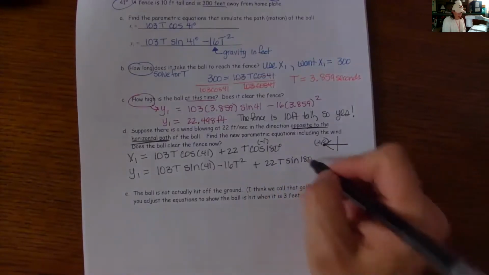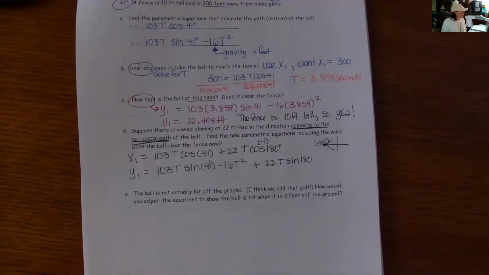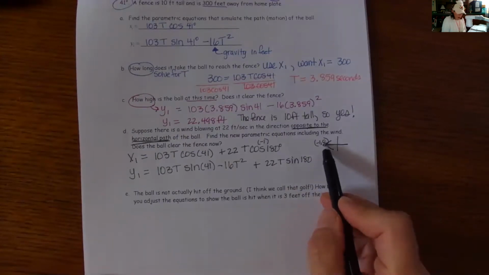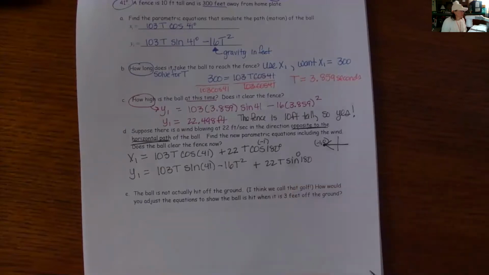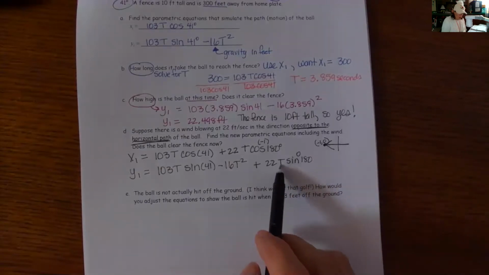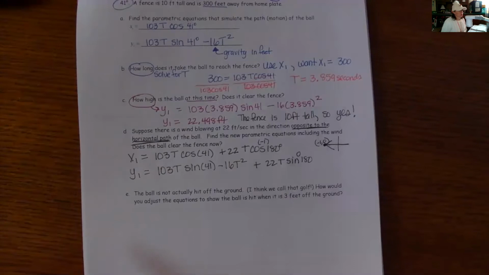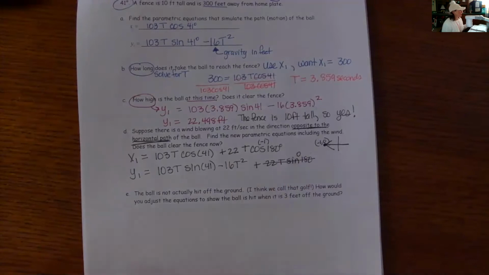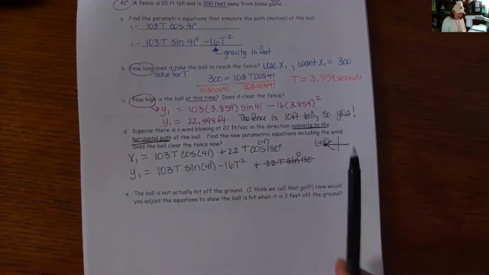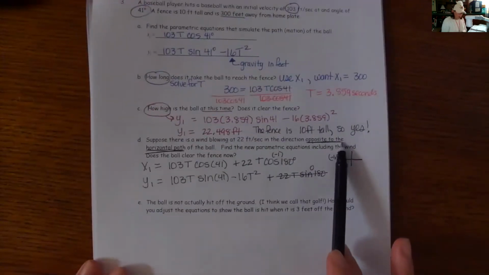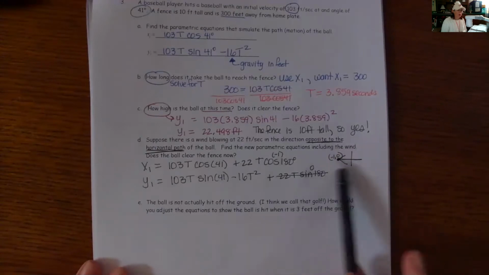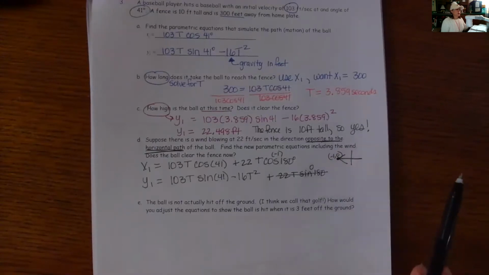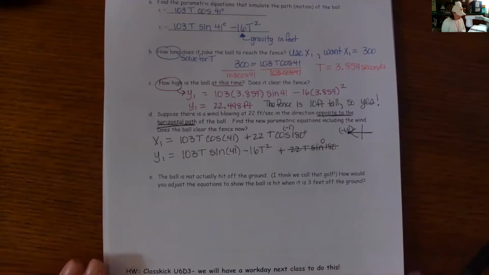What is sine of 180? 0. So what's 22 times time times 0? 0. So this is going to just become 0. So you don't necessarily need it. Now this is because our wind is blowing opposite, so it's blowing at 180. If we start putting wind at different angles, things can change up, right? Okay, did that make sense?